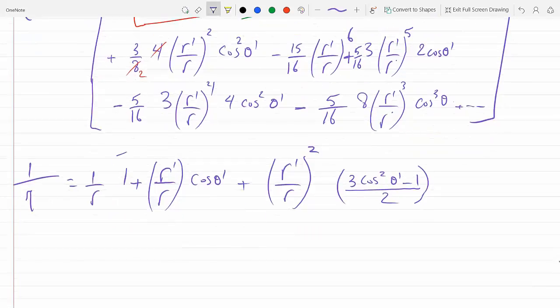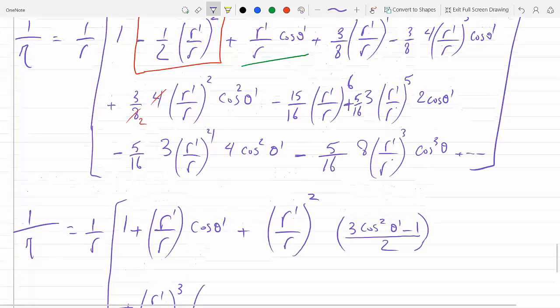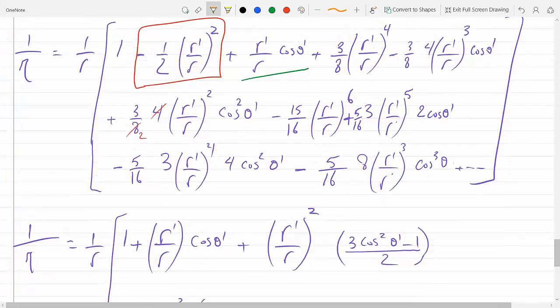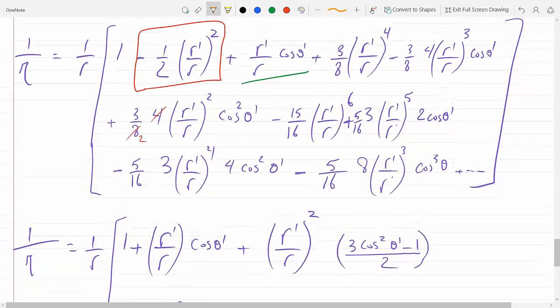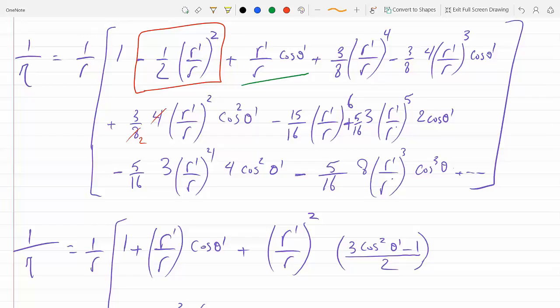So plus r prime over r cubed. Let's see what multiplies the cube. We have a term here, this is with a cube. Let's simplify this.